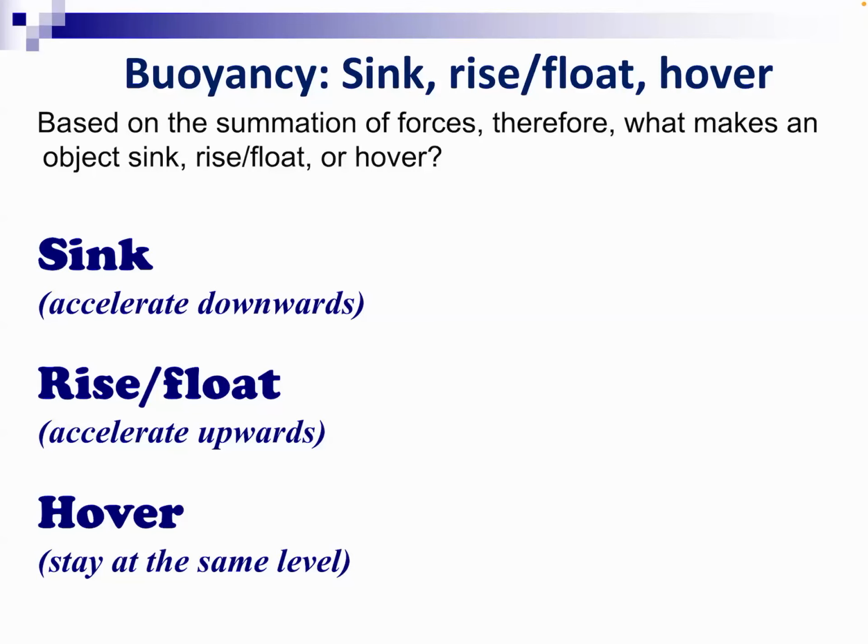So when we say sink, we mean that the object accelerates downwards. When we say rise or float, it means accelerates upwards, and hover, it means it's just staying on the same level.